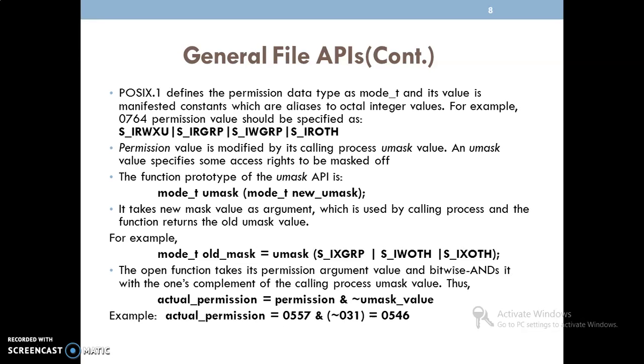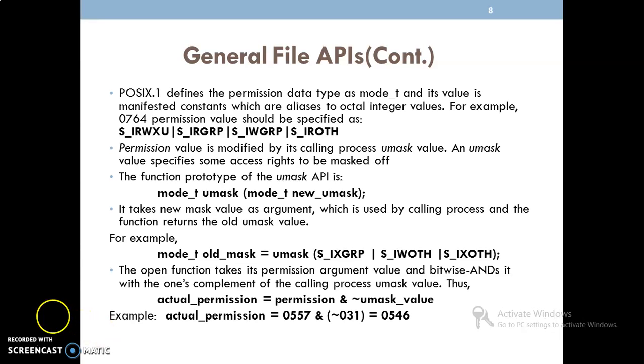But that is not the final value. It will be subtracted by 022. That means only the user category has read, write, execute permission, and the remaining will have only read and write permission. So how can we retrieve the current umask value?